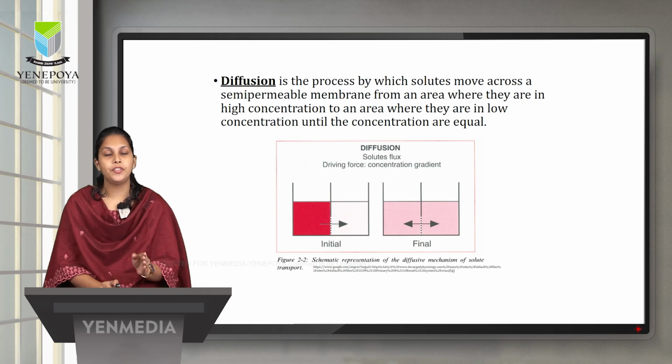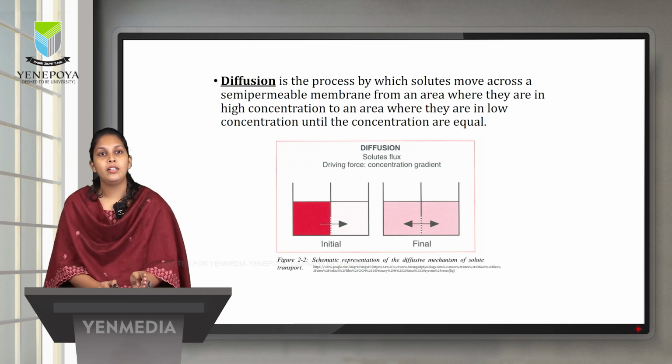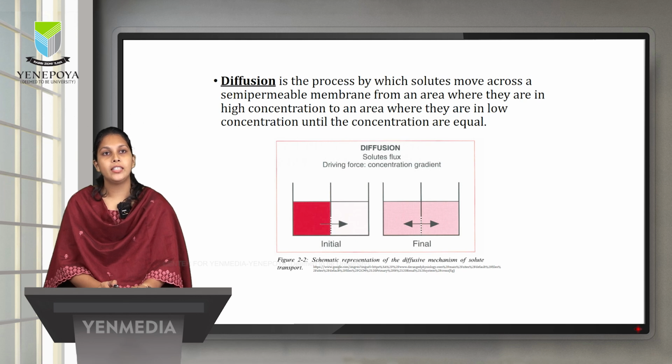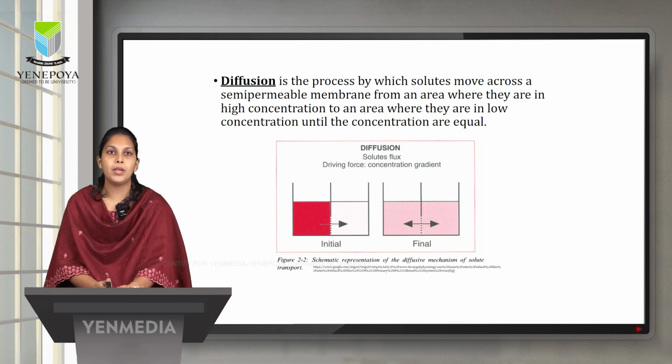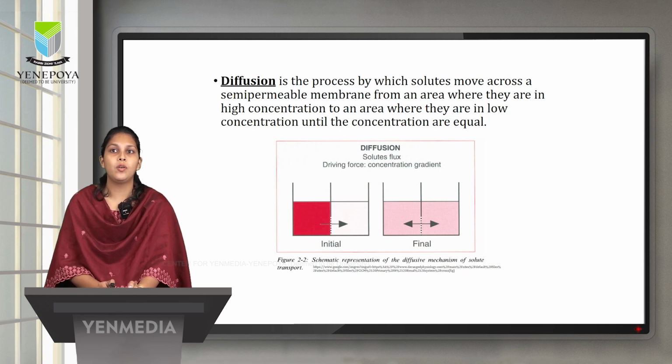In the figure you can see one side represented as red, which has high concentration, and the other represented as white, with less concentration. When the solutes move across the membrane back and forth, the concentration becomes equal. The solute movement will go on until the concentration on both sides of the membrane is the same.